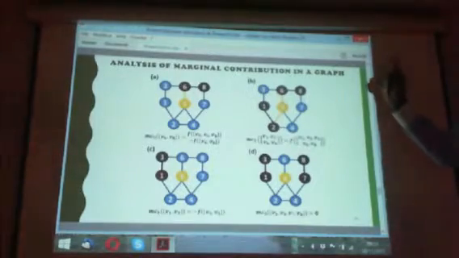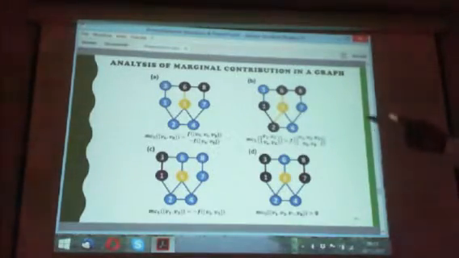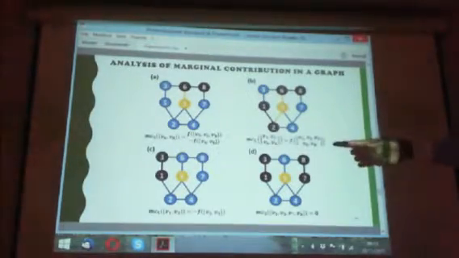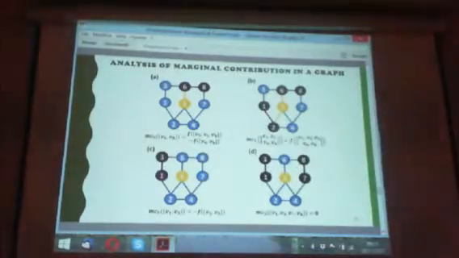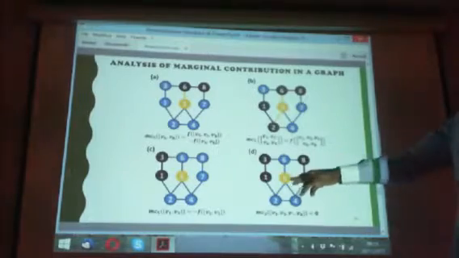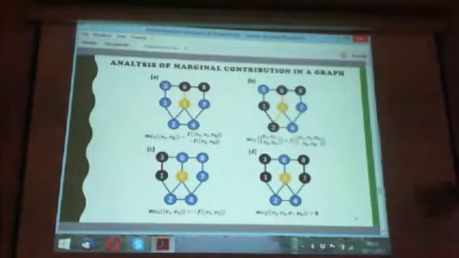In case C, the marginal contribution of node 5 with respect to nodes 1 and 3 will have a negative value, because they are not connected. And in the last case, if you want the marginal contribution of node 5 with respect to this node, they are not connected, so in this case it does not contribute.